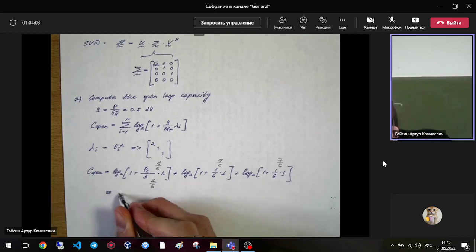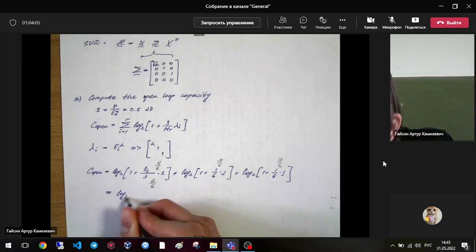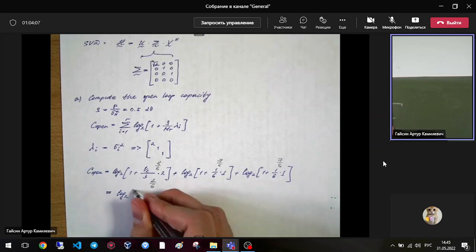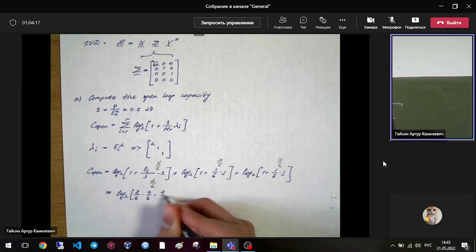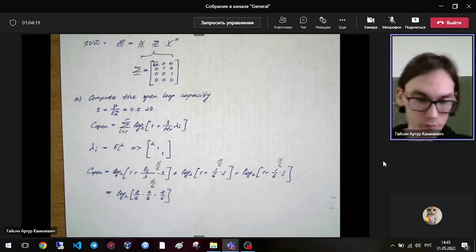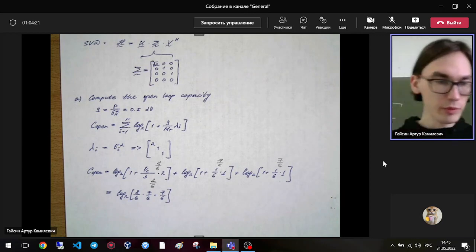So it is the summation or multiplication of logarithm base 2, and inside 8 divided by 6 times 7 divided by 6 times 7 divided by 6. So this one is for open loop capacity.